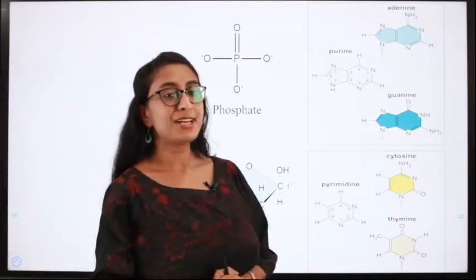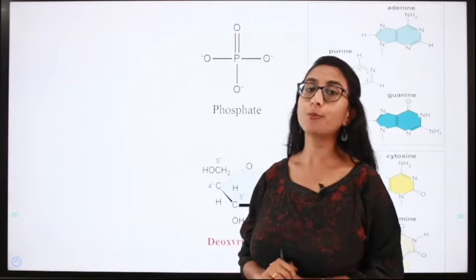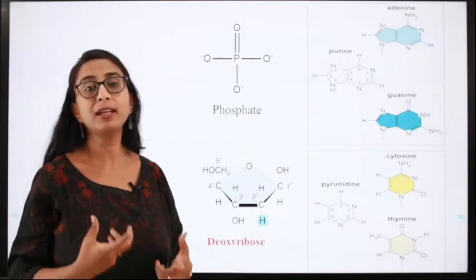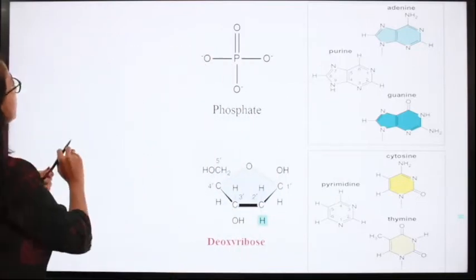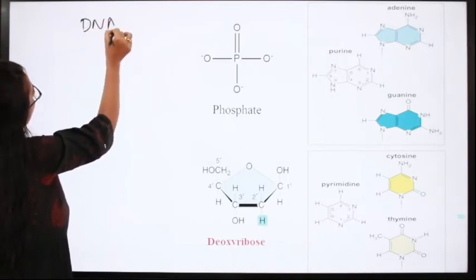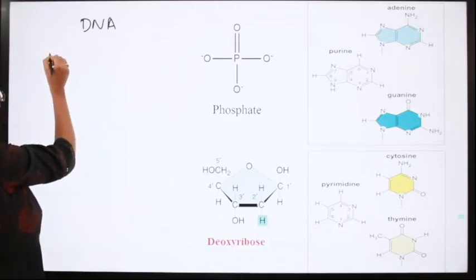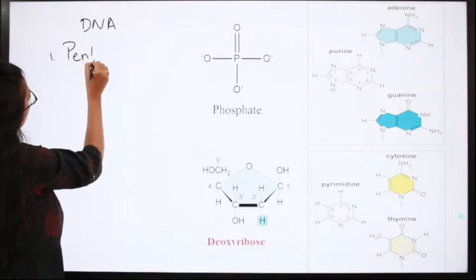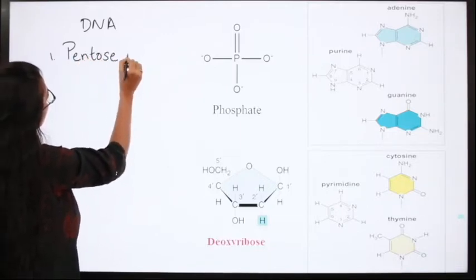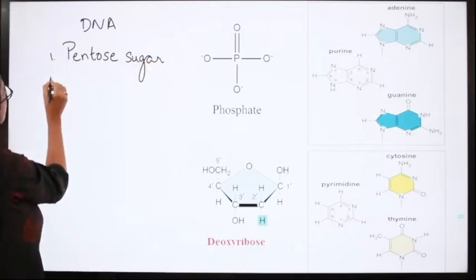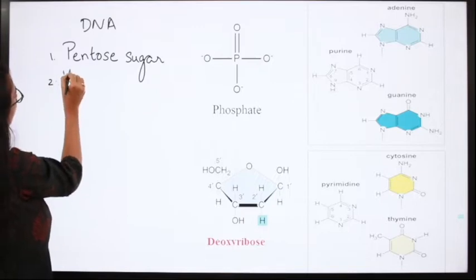Now that we have finished discussing the occurrence of DNA in a prokaryotic cell and a eukaryotic cell, we shall discuss the composition of DNA. What is the DNA composed of? DNA is composed of 3 components. First one is the pentose sugar. Second one is the phosphate group.